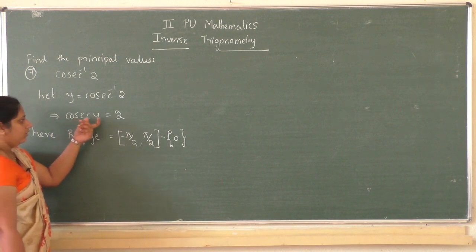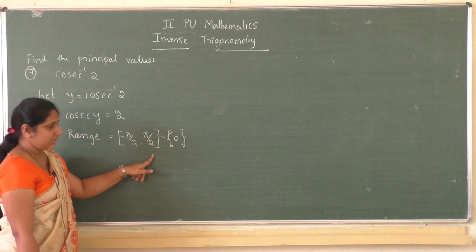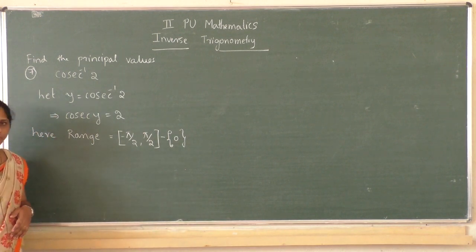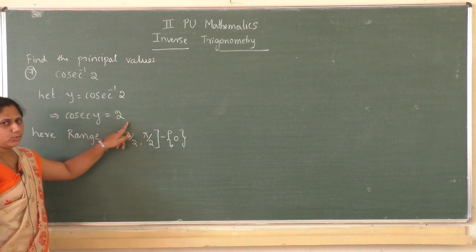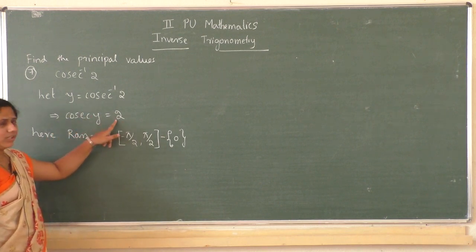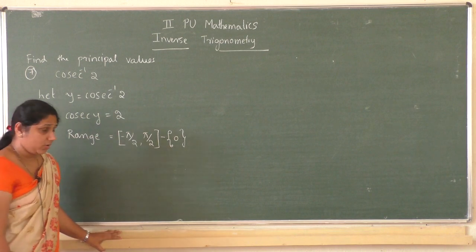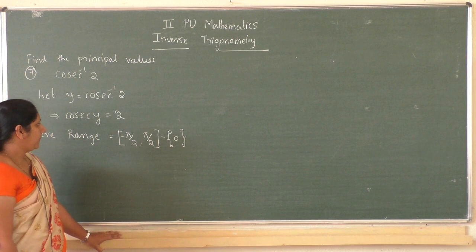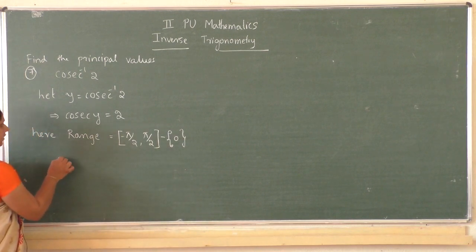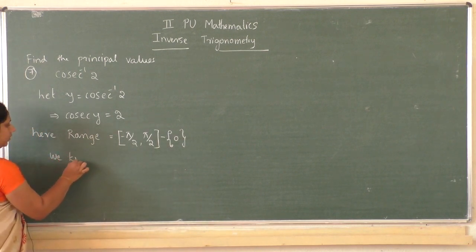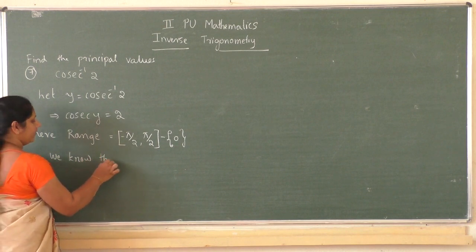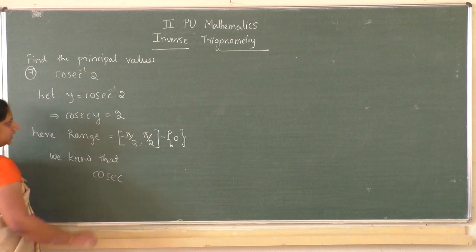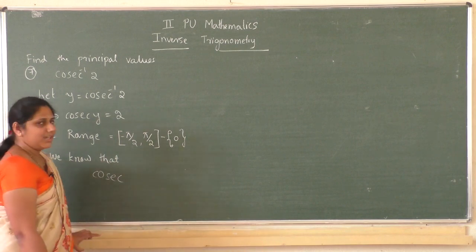So y must belong to this interval. Now let us check for what values of y cosec y equal to 2. See, cosec is positive in first and second quadrant. So for what values of y cosec will be 2? We know that cosec 30 degree equal to 2.